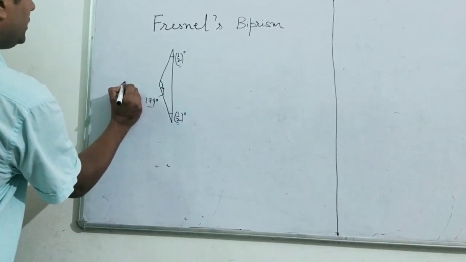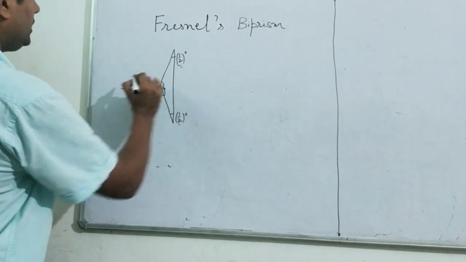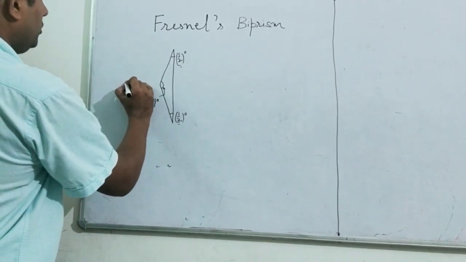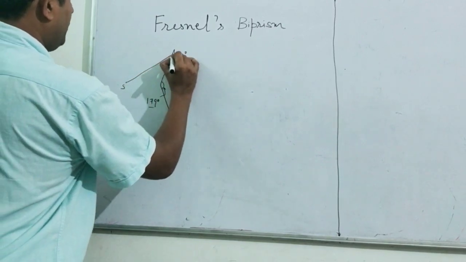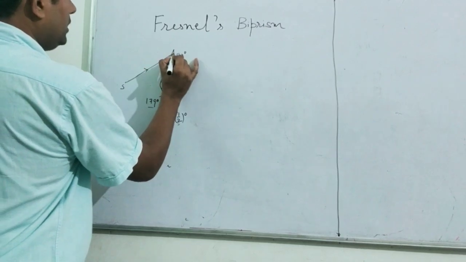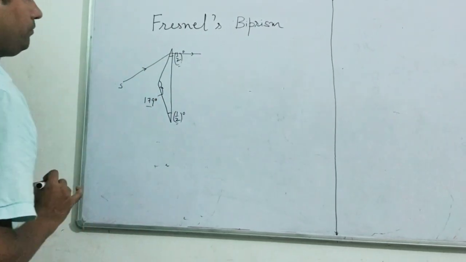Let S be the source of monochromatic light. When the light from this source is incident on the upper portion of the biprism, it bends downward due to refraction.